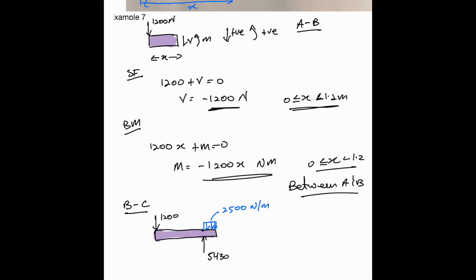Now remember the distance from here to here is x. And the distance from A to B is 1.2. So that means this distance here, where we break the beam, will be x minus 1.2.